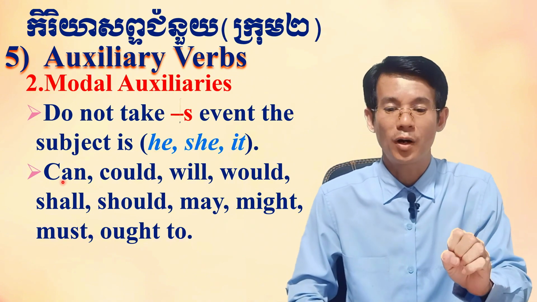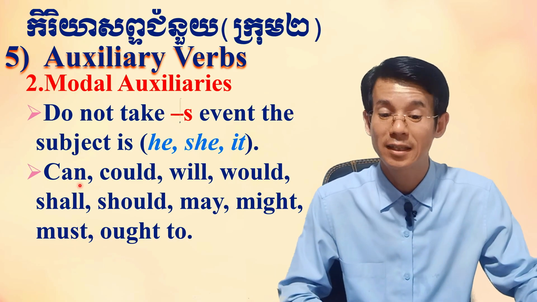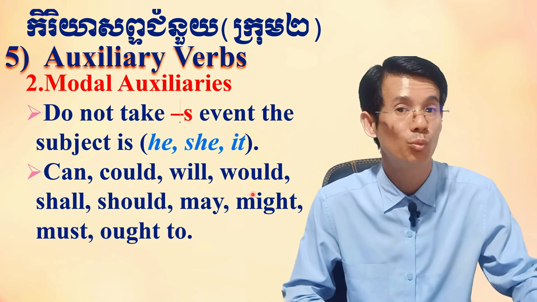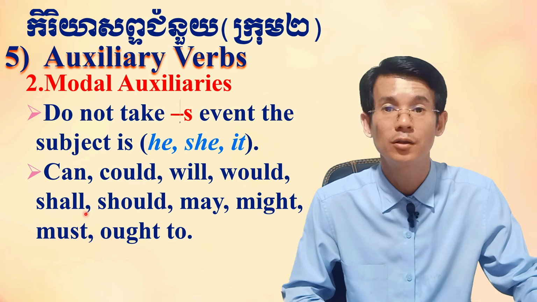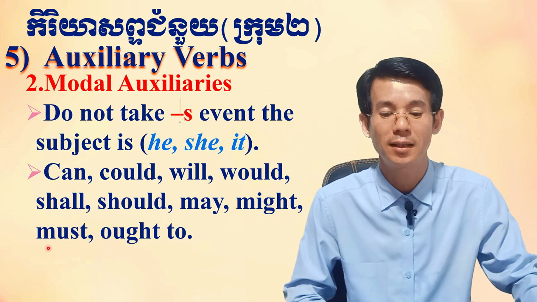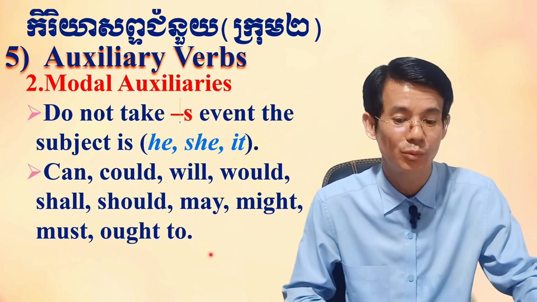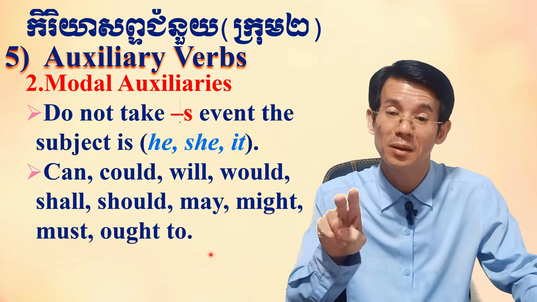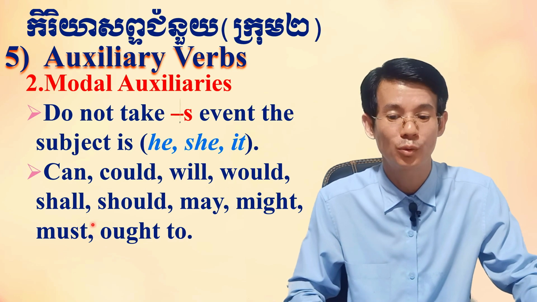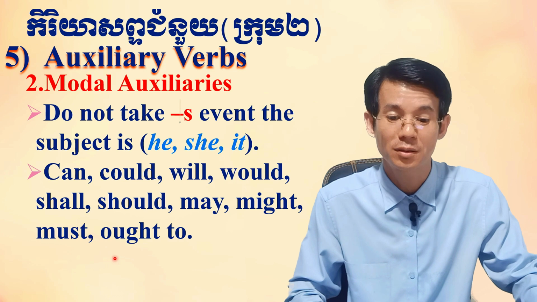The fourth point, modal auxiliary verbs include can, could, will, would, shall, should, may, might, must, and ought to. Okay, so it sounds like pairs, right? Can, could, will, would, shall, should, may, might, must, and ought to.